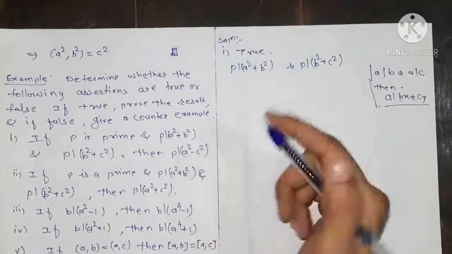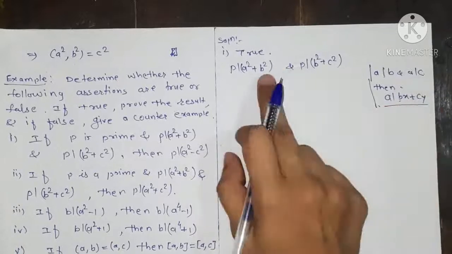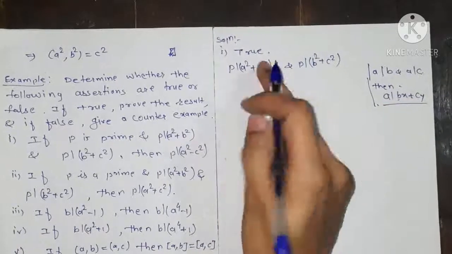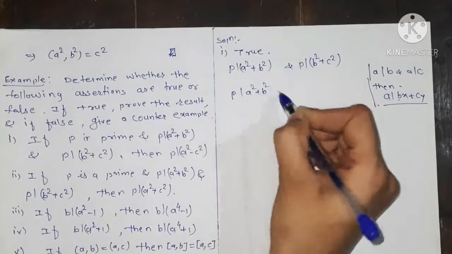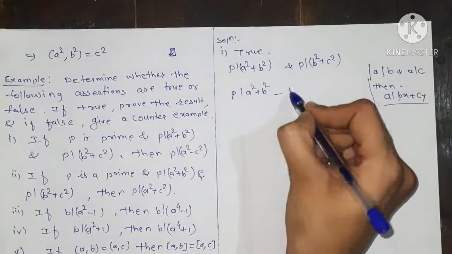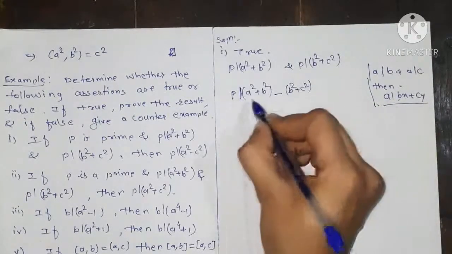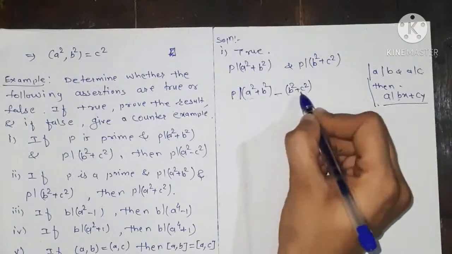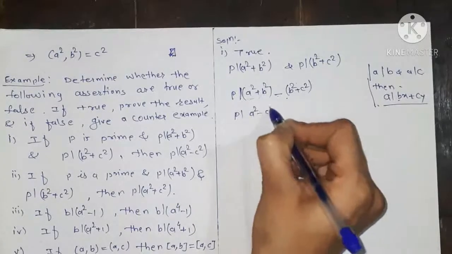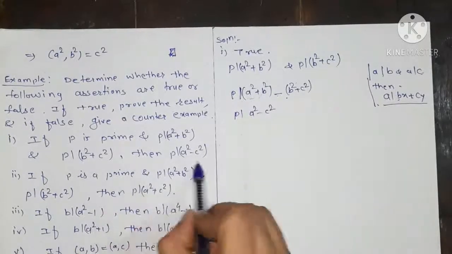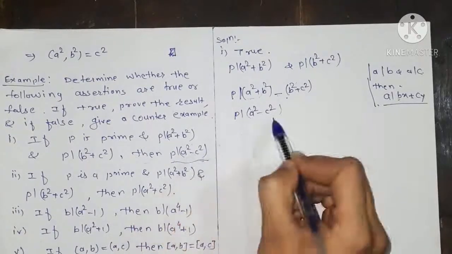So P divides the linear combination of these two. Okay, we can take the subtraction also between them. So P divides A square plus B square minus B square plus C square. Okay, so we take the subtraction here. Now if we open the bracket with the minus sign, B square gets cancelled with this B square. So P divides A square minus C square. Okay, and therefore we get this result, that P divides A square minus C square, right?